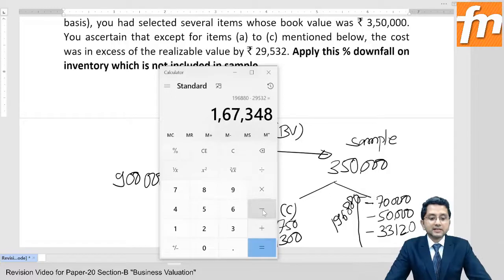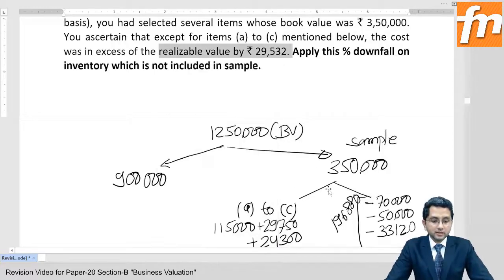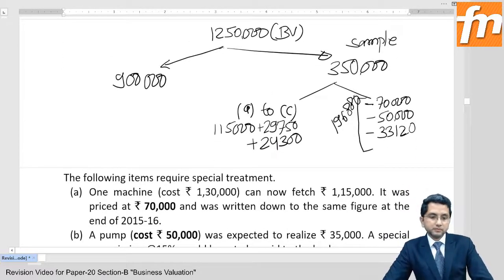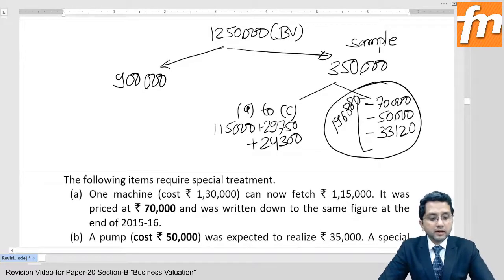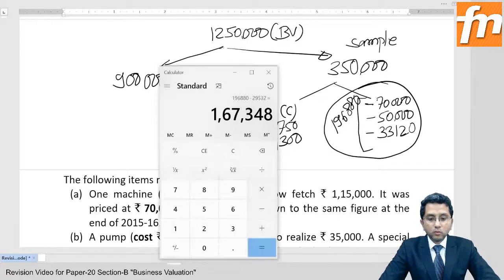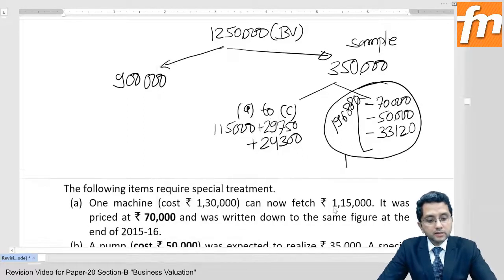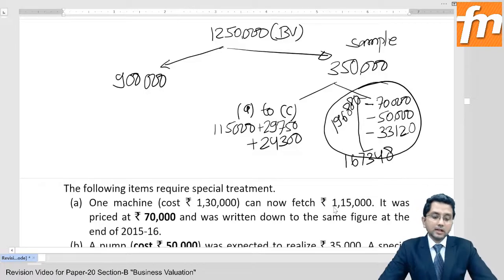This is 167,348. So this book value should be included at a realizable value of 167,348.